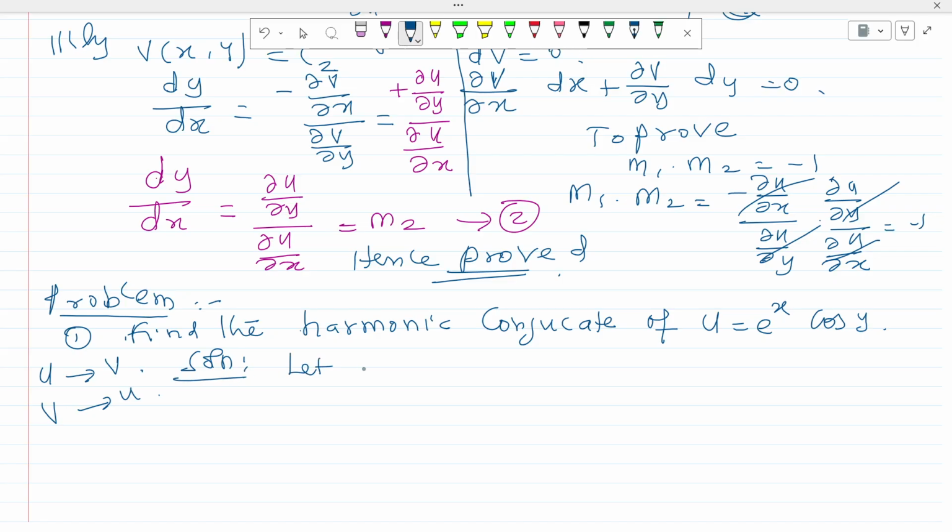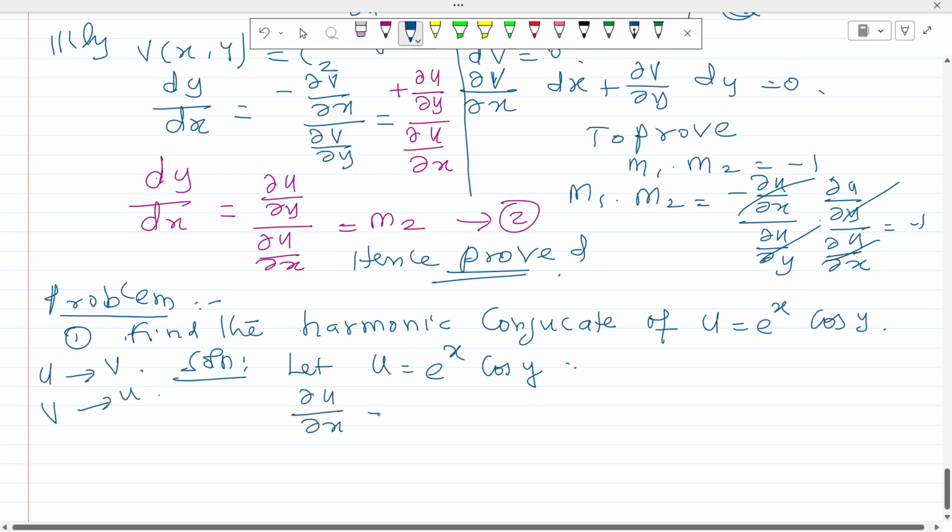Let u equal to e power x cos y. Then dou u by dou x equal to e power x cos y. Dou u by dou y equal to minus e power x sin y.